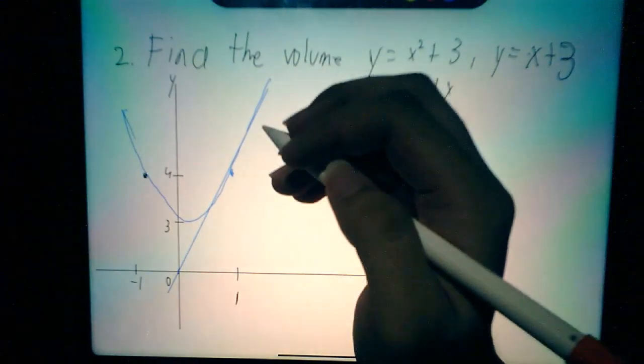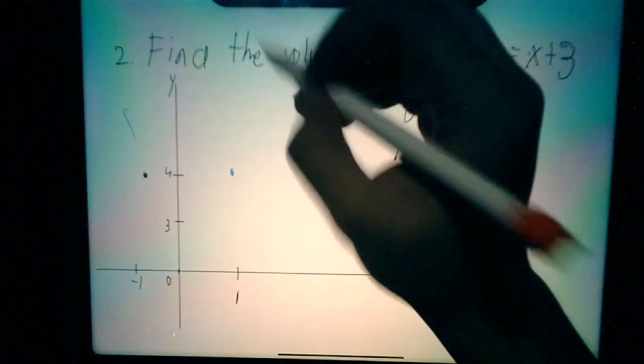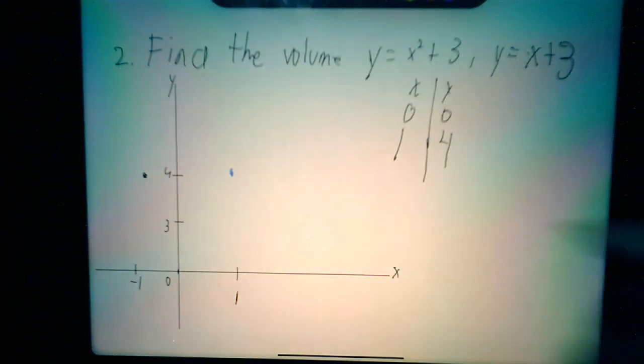Our area of interest will be here. So guys, it's difficult to draw the illustration manually, so forgive me.